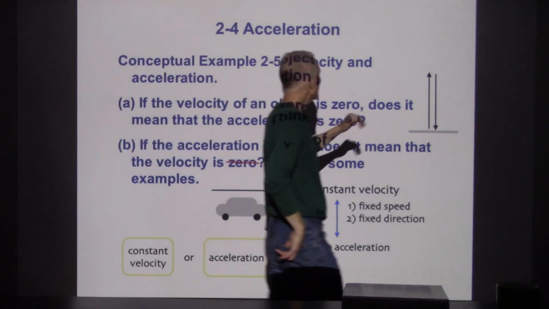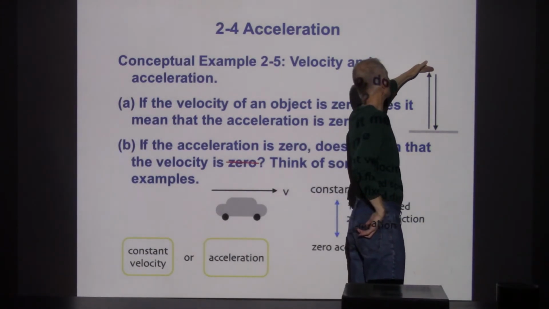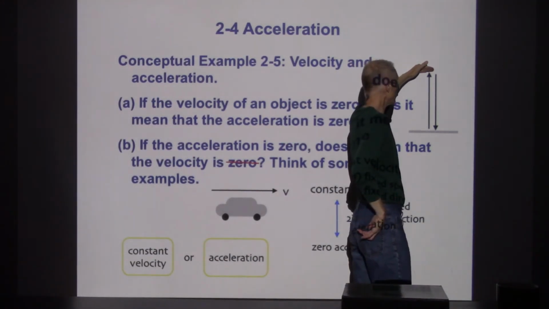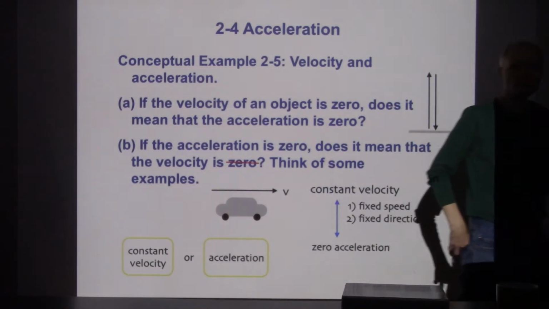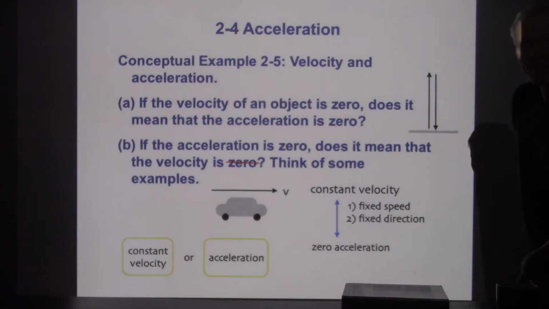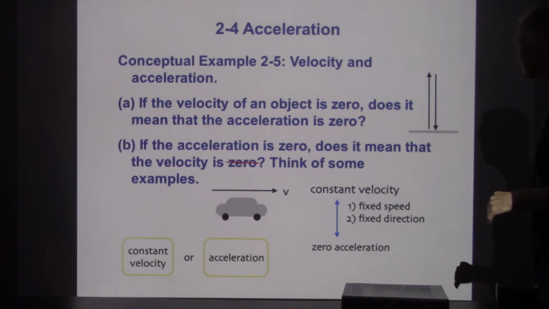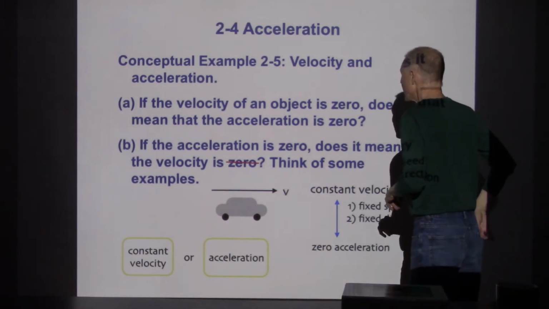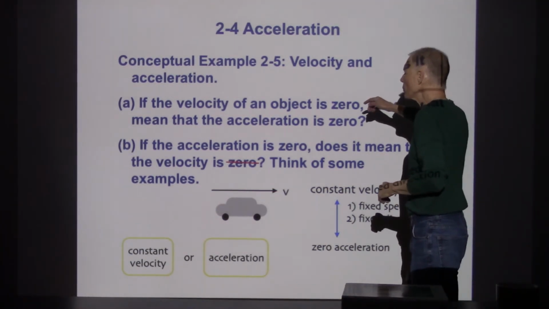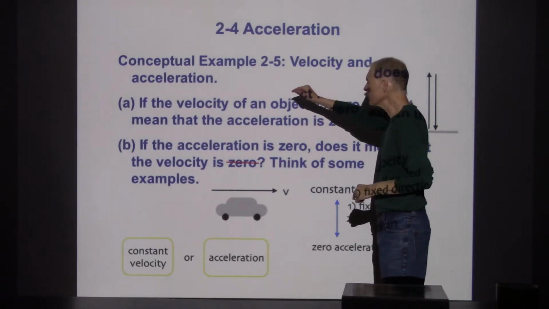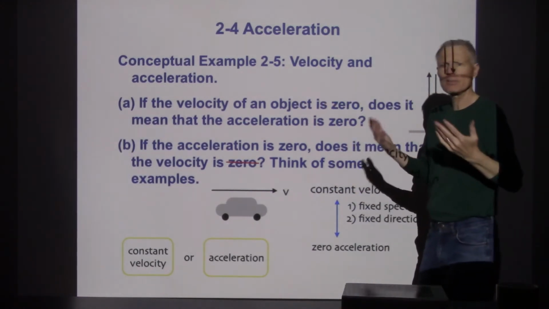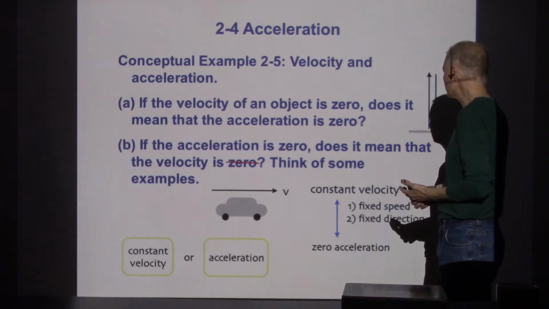Again, if, when it reached the top, the acceleration for some reason went to 0, it would hover. It would just stop at that location. And that's not what happens. The object continues and comes back. So definitely there are examples where, even if something is momentarily at rest, it doesn't mean the acceleration is necessarily 0.